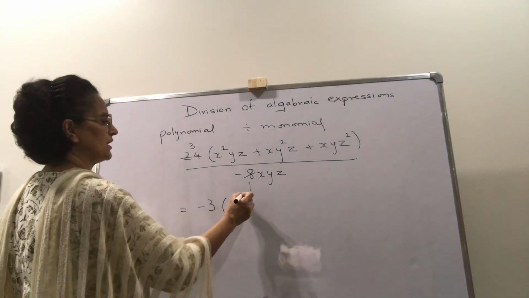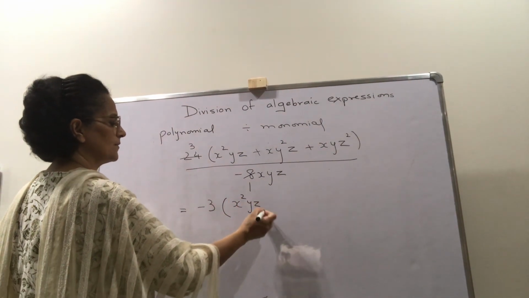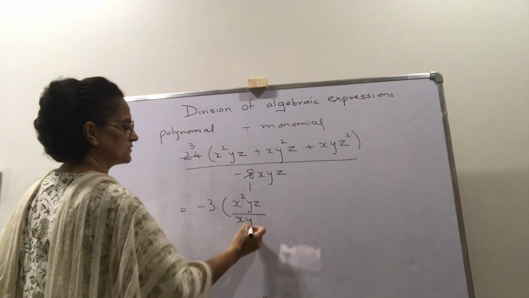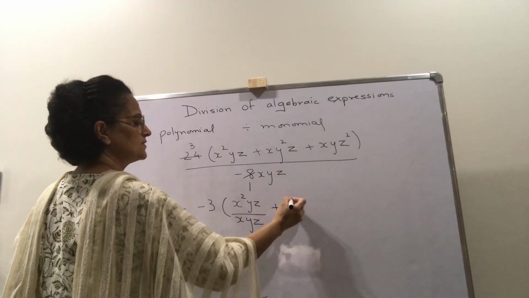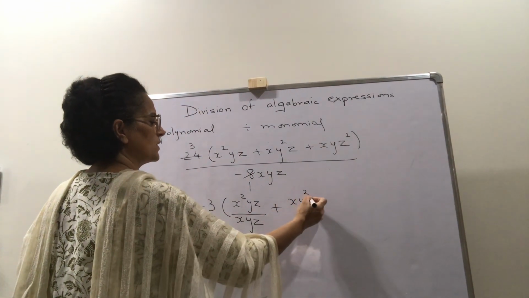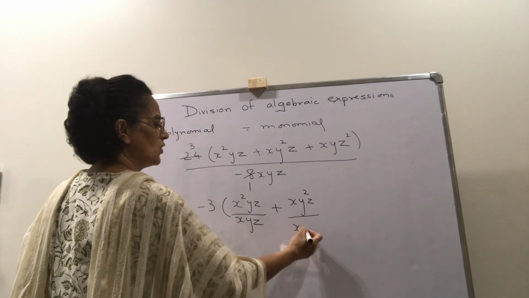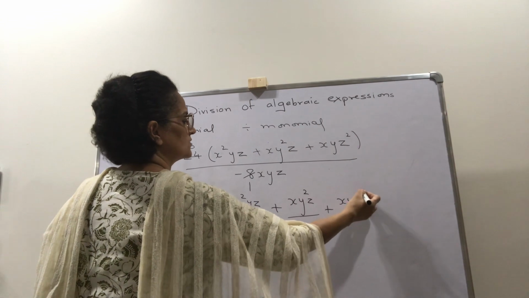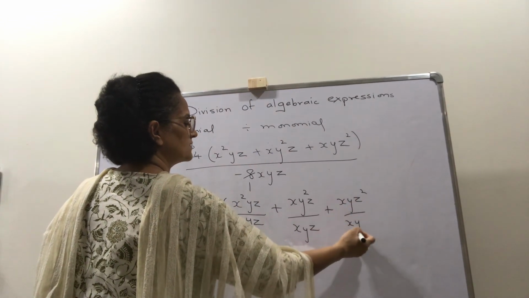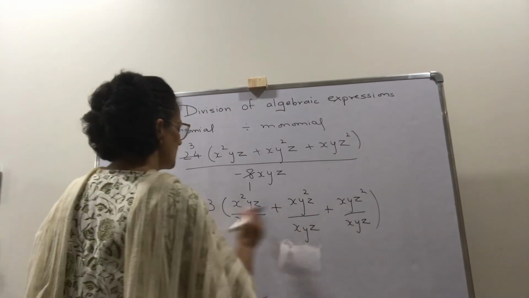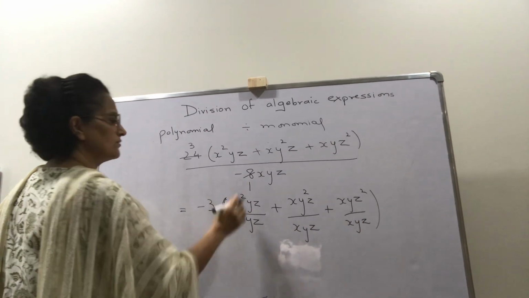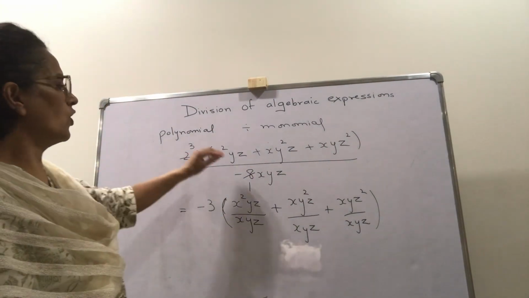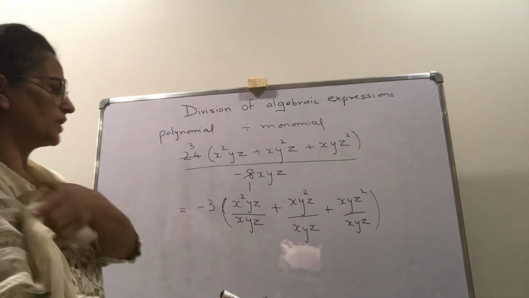So we write x square yz upon xyz plus xy square z upon xyz, plus xyz square upon xyz. So I have given this denominator to all the terms in the numerator.